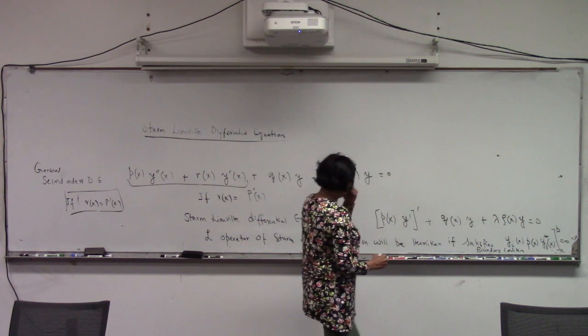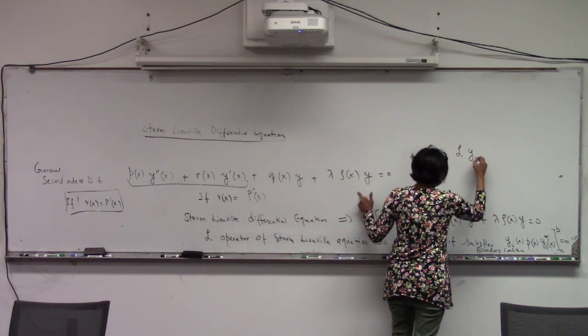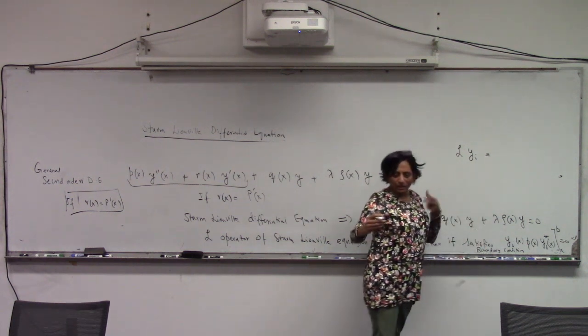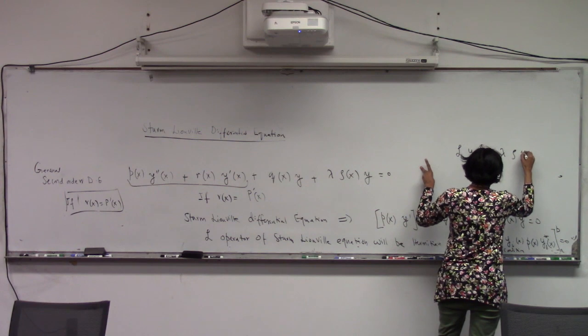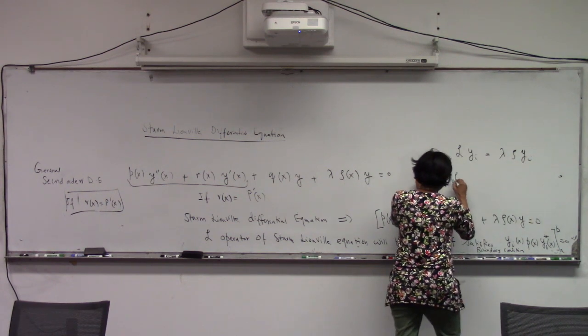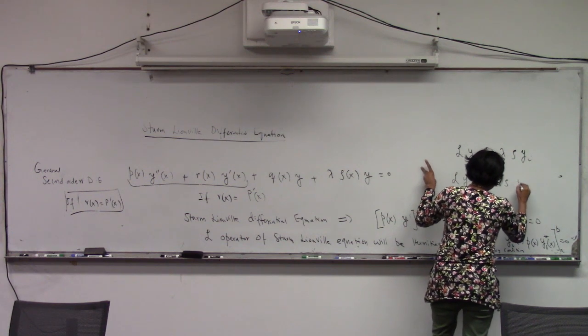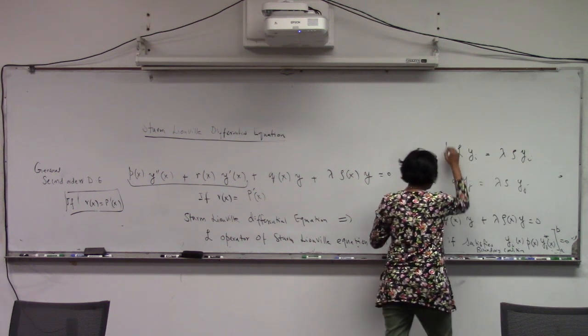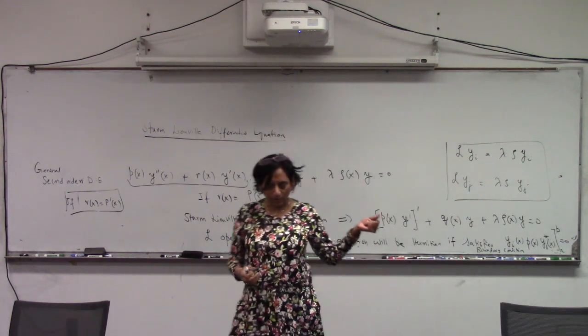If this condition is satisfied, where L operating on y_i is nothing but lambda rho y_i, and L operating on y_j is nothing but lambda rho y_j. It's like an eigenvalue equation. y_i and y_j are two different eigenfunctions of that operator, okay?